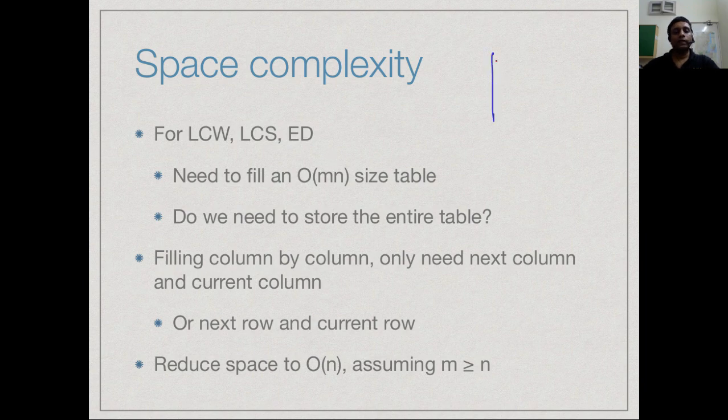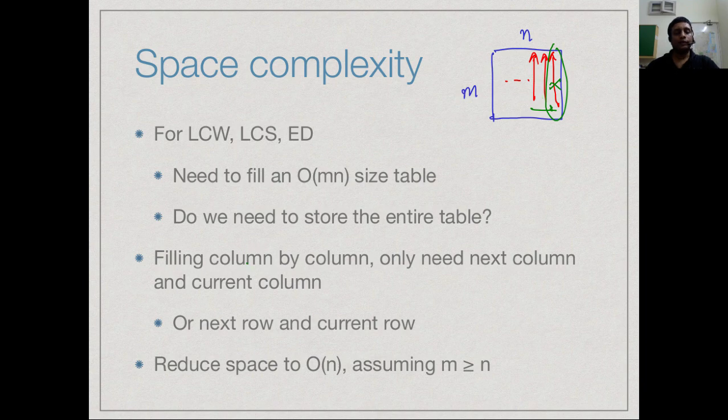So we have this table that we have to compute, which we have agreed is m times n. But notice that the way we computed it, for example, was to compute this column, then this column, then this column, and so on. Right? So at any given point, when I'm computing the second column, for example, I only need the first column. Now, when I reach the third column, this column is now not needed anymore because the third column depends only on the second column from the right.